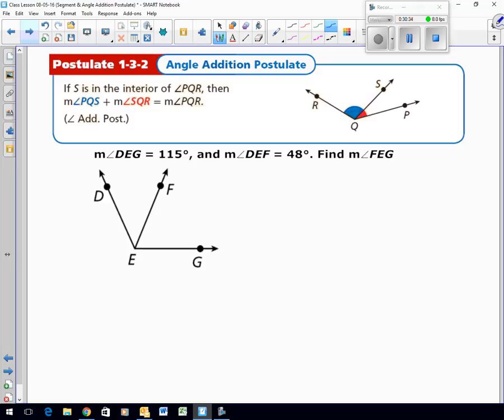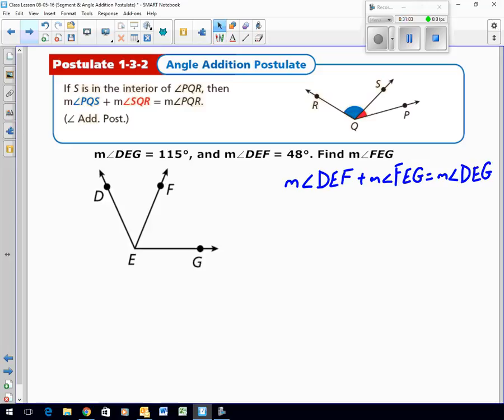The measure of angle DEF is 48. I'm trying to find the measure of angle FEG. Check it out. Just like my postulate tells me, the measure of DEF plus the measure of angle FEG equals the measure of angle DEG.